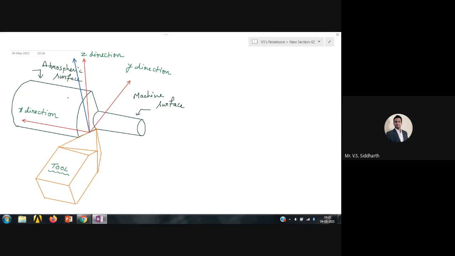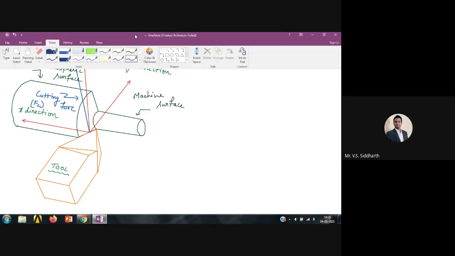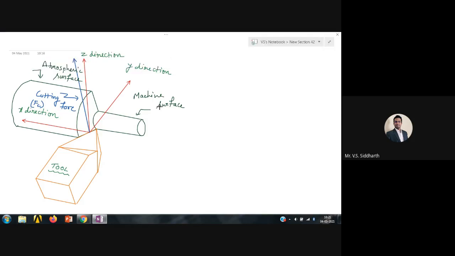So this blue one is the cutting force FC. The blue one is cutting force FC. One more force will be acting, which is the contact force. We have discussed that we have one more force, the contact force.